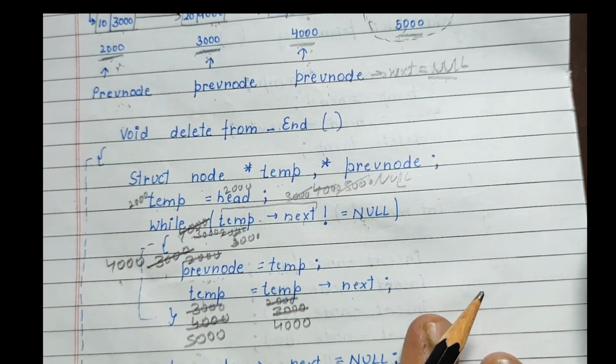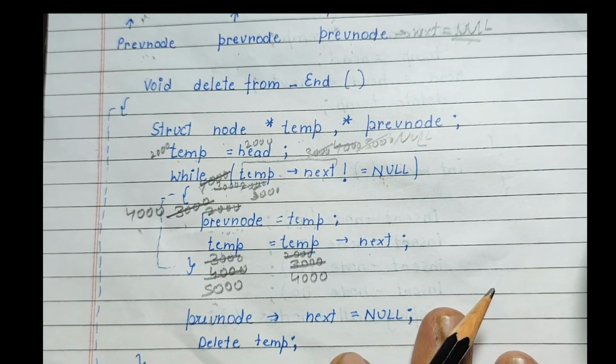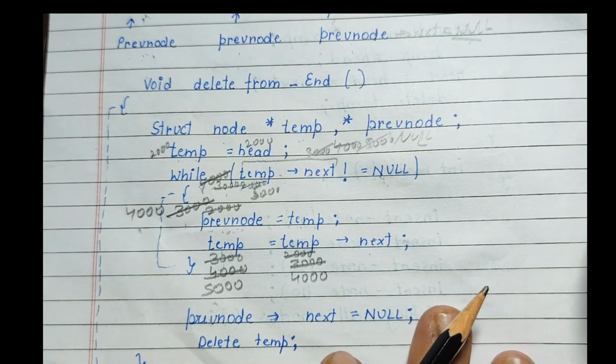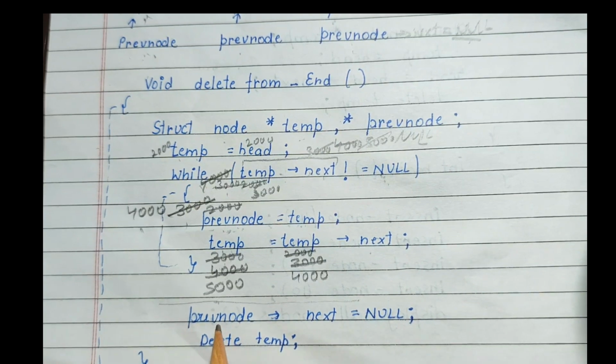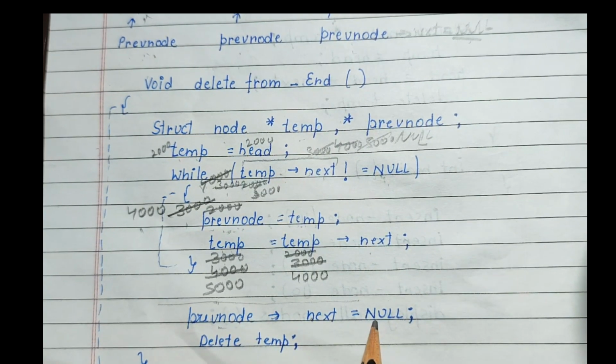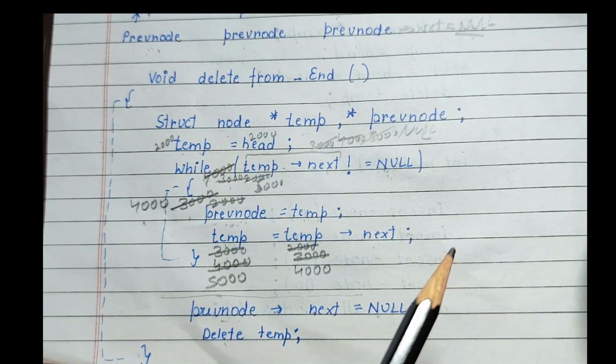If you have any doubt, you can text me in the comment section. So after this, I write previous node of next is equal to null and delete temp. Okay, and here your function is closed. So now the function is completed.